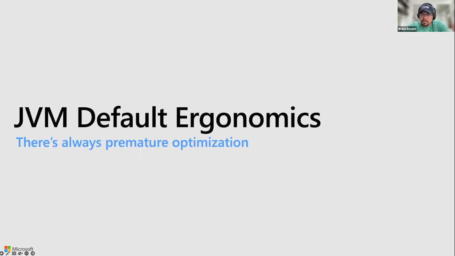First and foremost, we Java developers have heard these things about the JVM and how the JVM is smart and has a lot of ergonomics that will try to adjust itself based on the system. And that is true for a variety of reasons and for quite some time. The JVM doesn't know what application will run until it actually starts and runs the application.